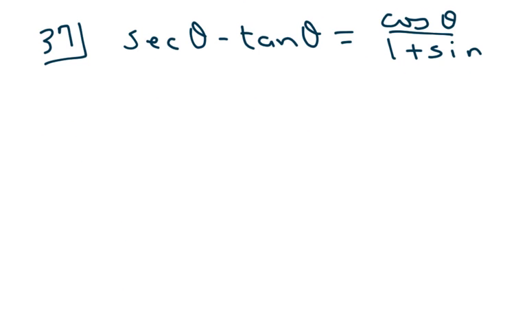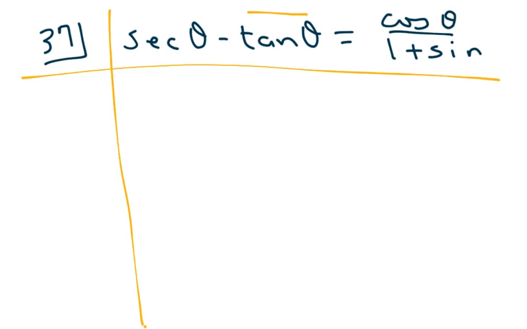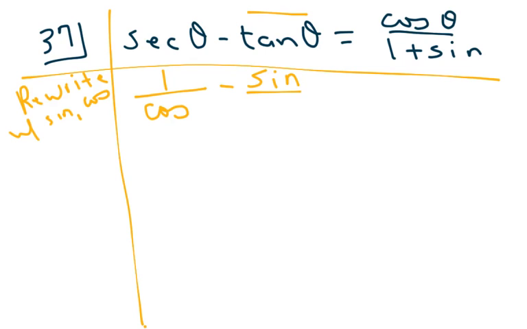Okay. This one, I'm definitely going to rewrite these in terms of sine and cosine. So secant I know is 1 over cosine, and I know tangent is sine over cosine.